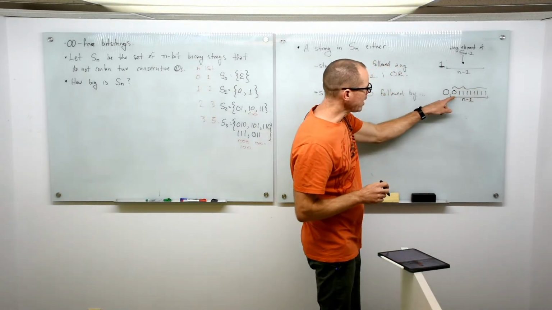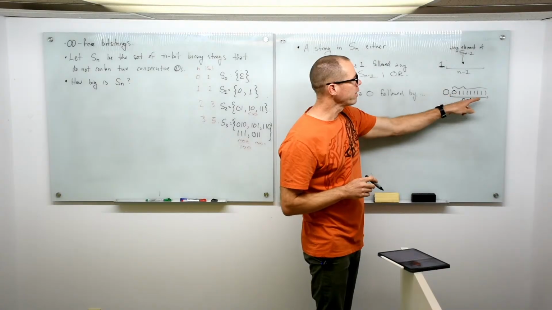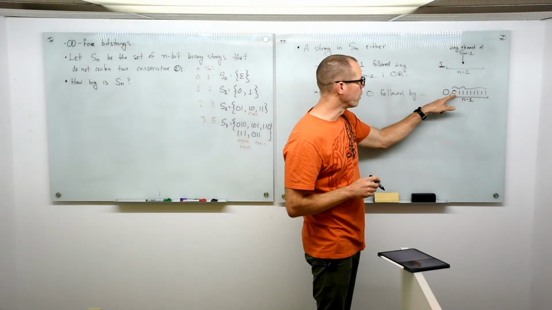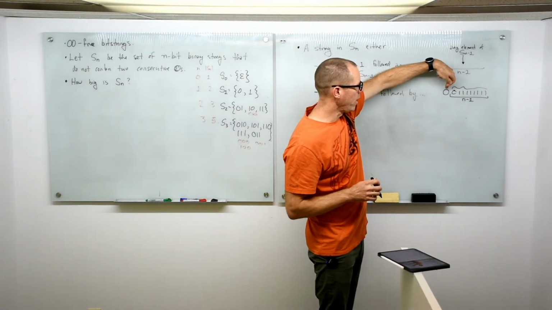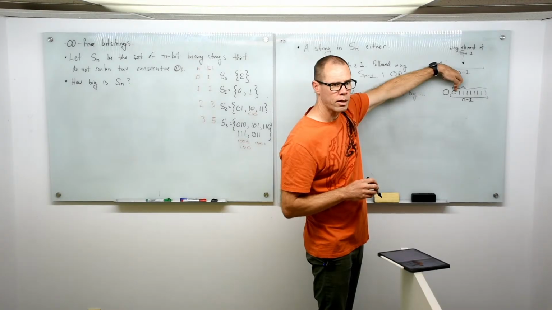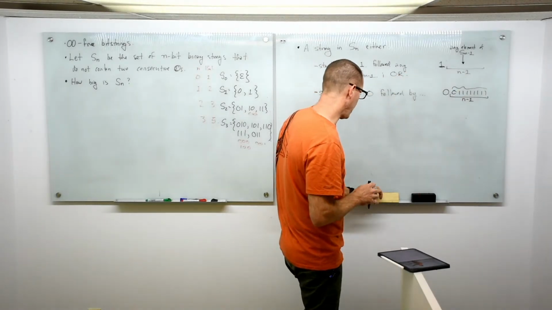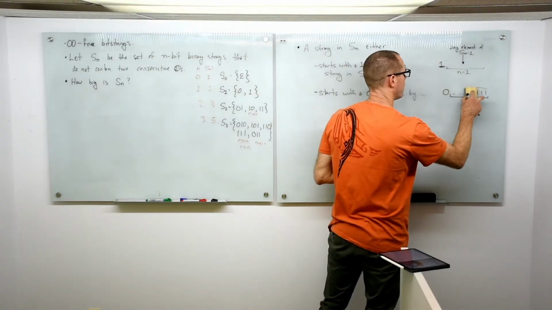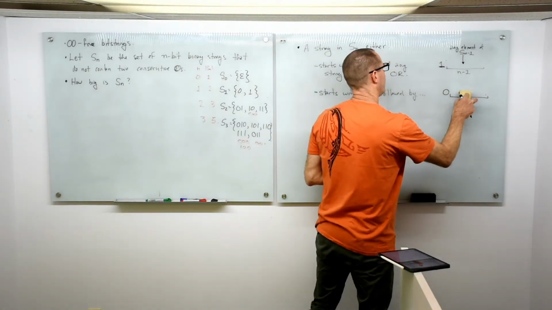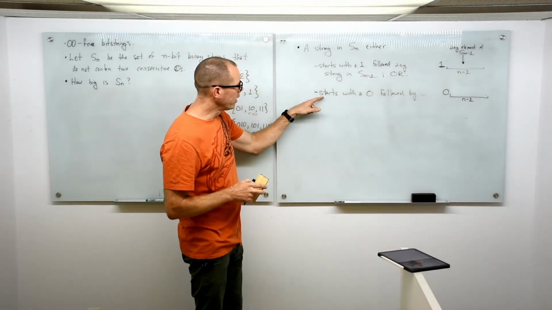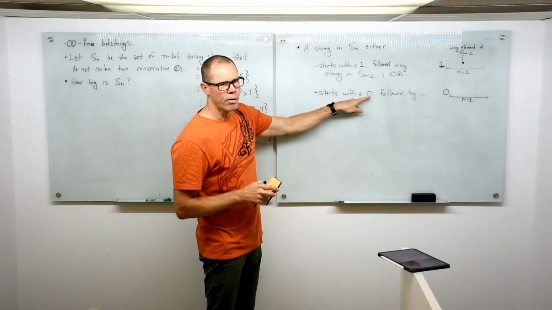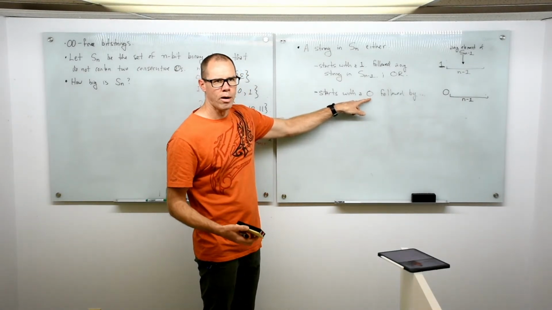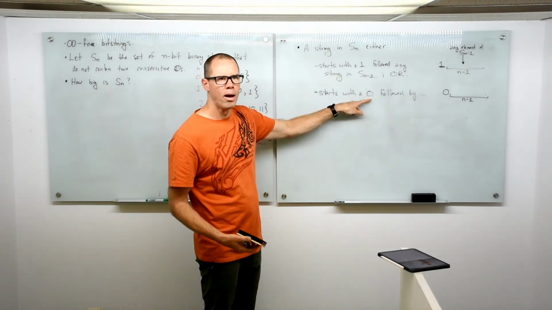That's a string that's in S of n minus 1, right? It's of length n minus 1, it doesn't have 2 consecutive zeros. But if I put it here, now I actually end up with a string that has 2 consecutive zeros. So I have to be just slightly more clever and say, well, if it starts with a 0, the next thing cannot be a 0.